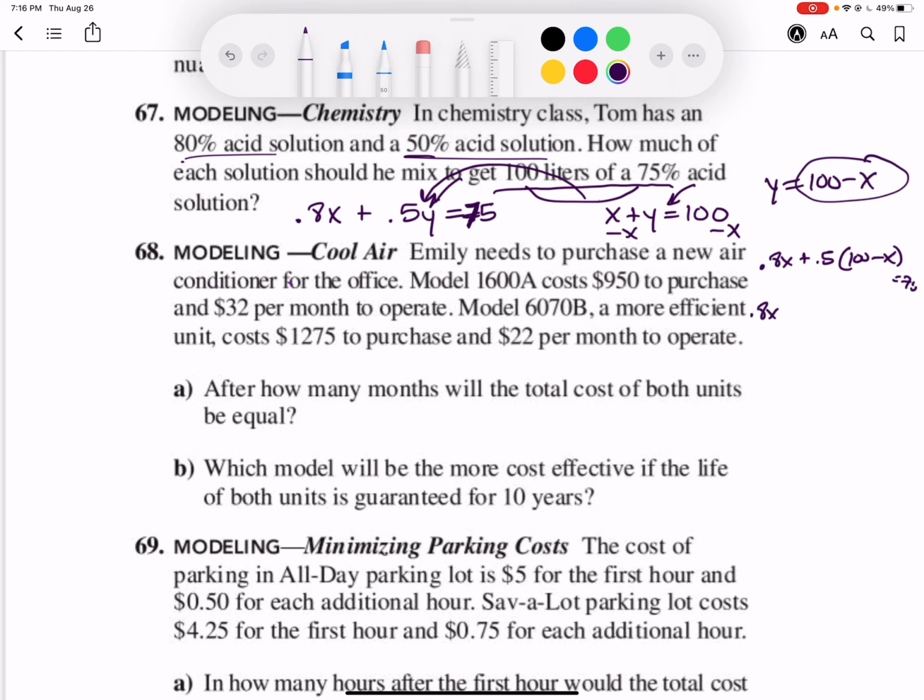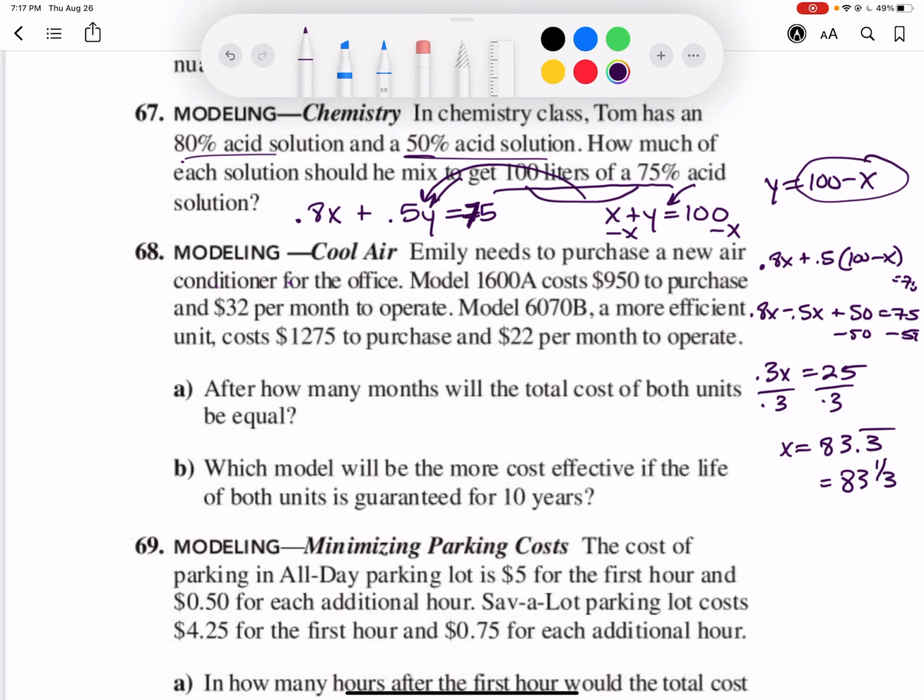So we've got 0.8x minus 0.5x plus 50 equals 75. That's going to give us 0.3x equals 25, and divide by 0.3. That's going to give us x equals 83.3 repeating, which is also 83 1/3.